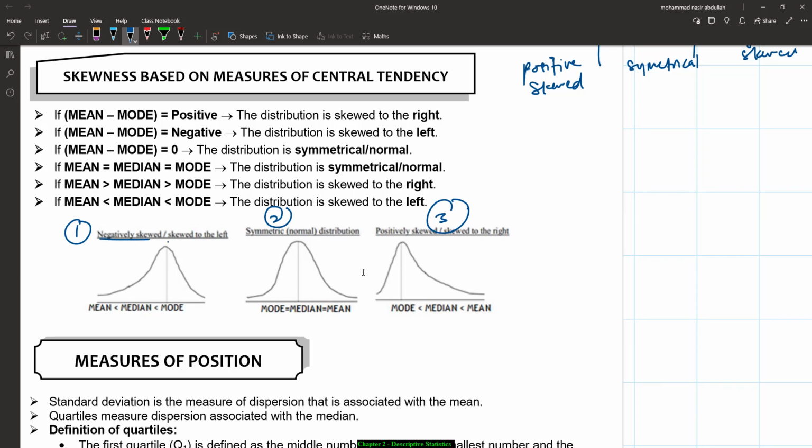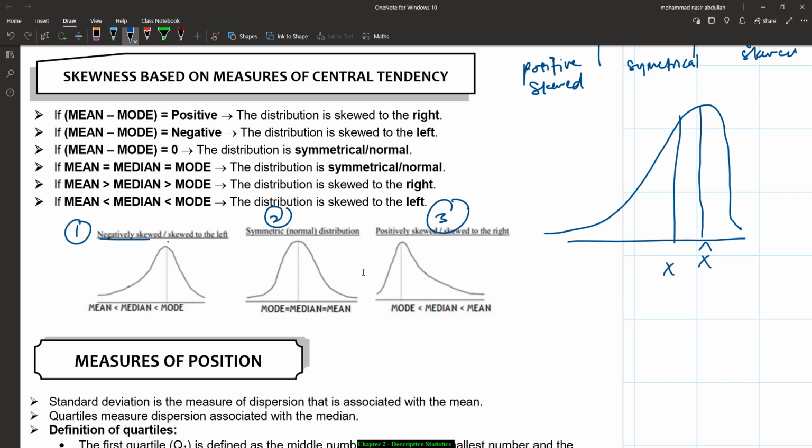Normally we know that the highest value will represent the mode. This is going to be the mode. And then the next value is going to represent the median, and then this one is going to represent the mean. This is from negative infinity to infinity.